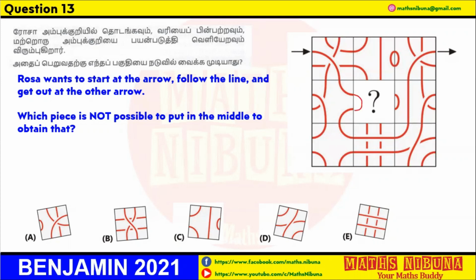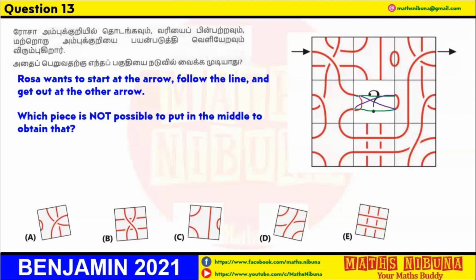Or maybe she can go from here, go here, turn, and then come here. Or in another way, maybe from here she can go here, then move this way, then she comes here, because this is the outer way. This is the way to go out. Okay, you want to go out, you must come in this way.